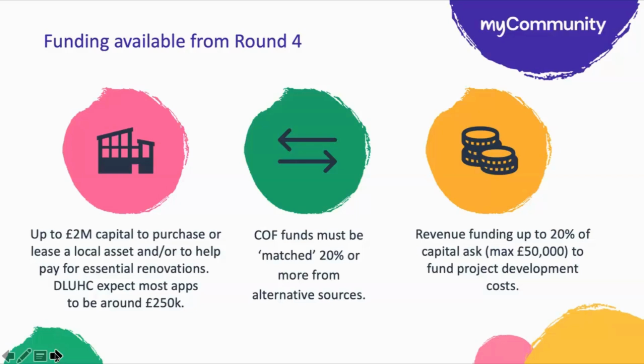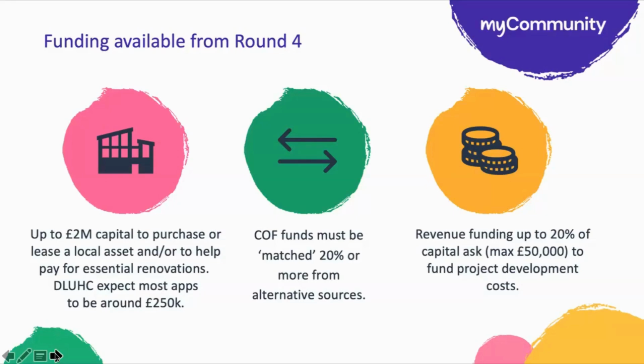You can also apply for revenue funding of up to 20% of your capital ask, so what you're applying for from COF in terms of capital funding, up to a maximum of 50,000. And DLUC are very keen that groups do apply for that revenue funding.